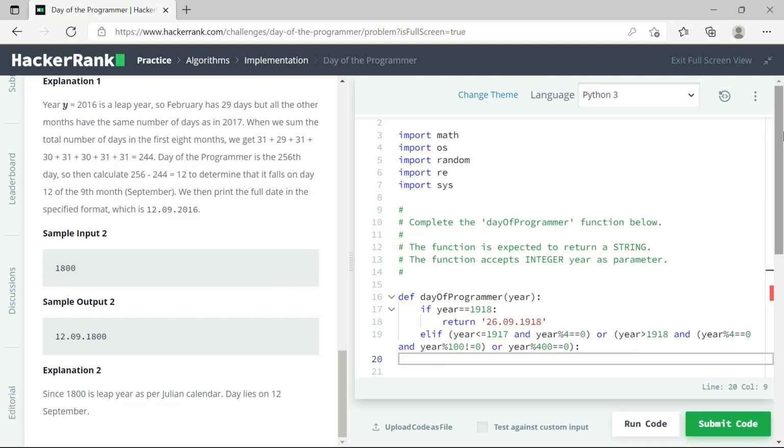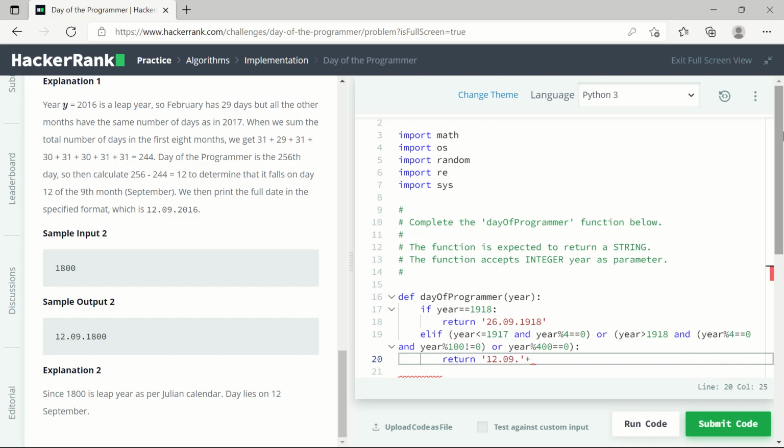So after 1918, the year must be divisible by 4, and also it should not be divisible by 100. This condition will go for all the non-century leap years, and if there is a century leap year, then it must be divisible by 400. So for this, we are going to return 12th of September, which will be the 256th day of the year.